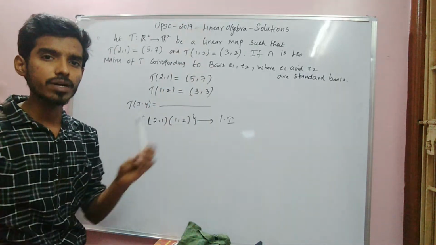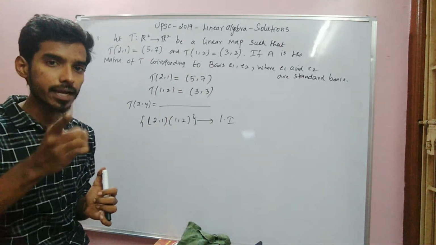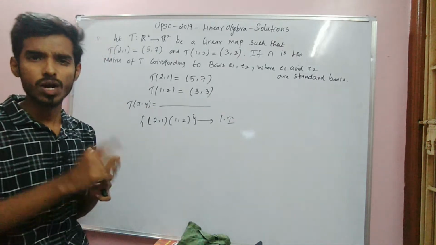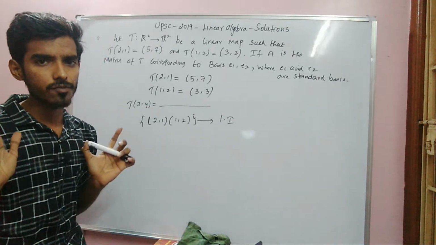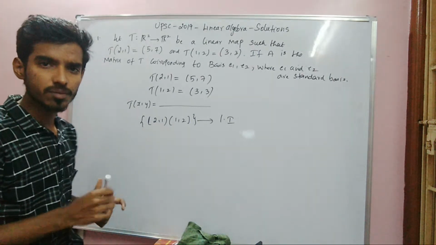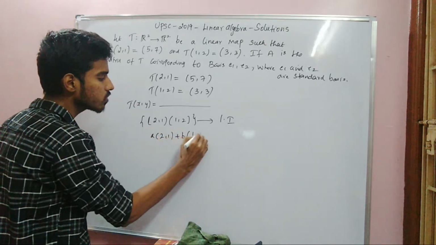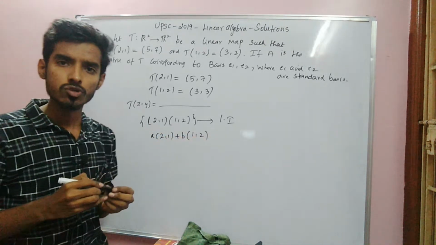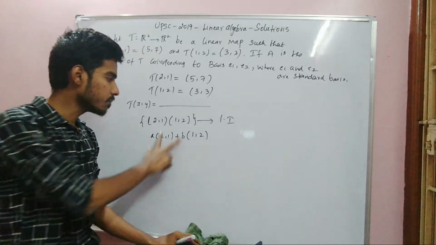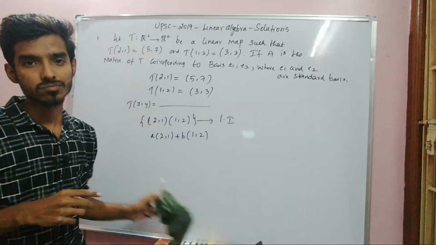Whatever vector you give, I can write it as a linear combination, a times (2, 1) plus b times (1, 2), where a and b are real numbers.